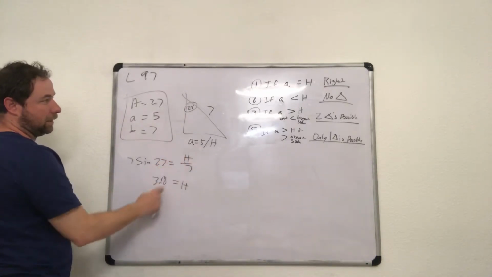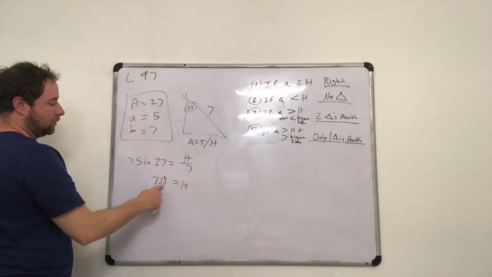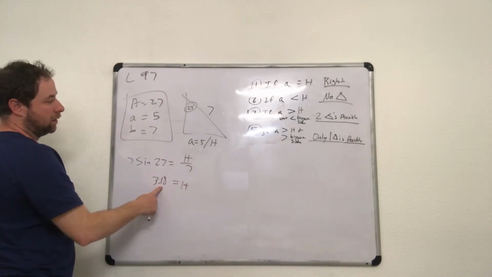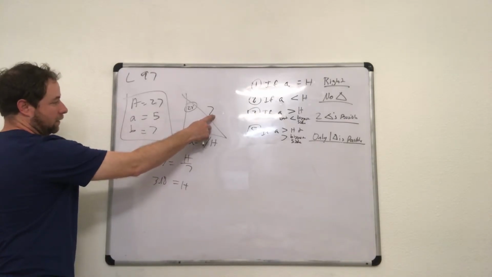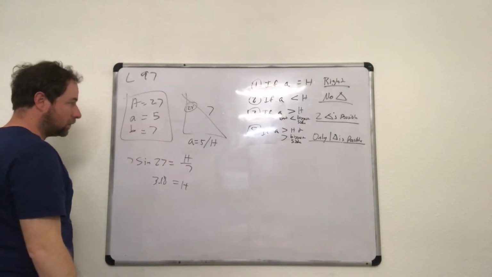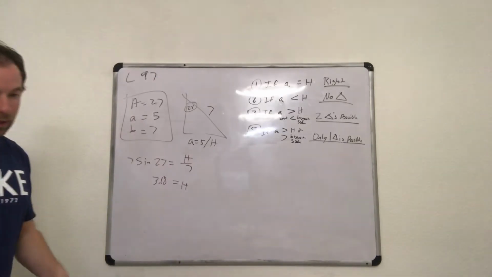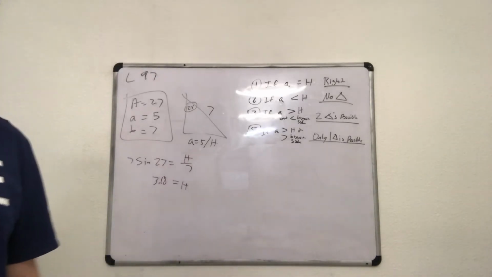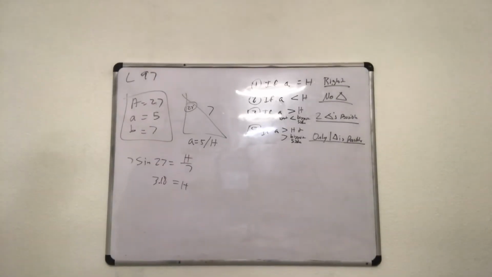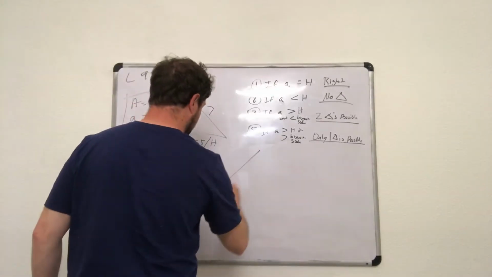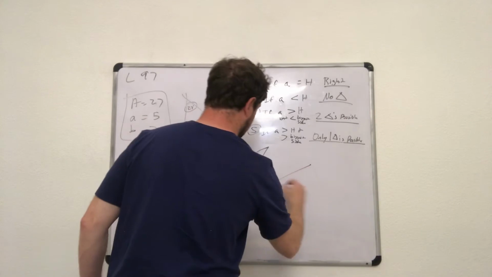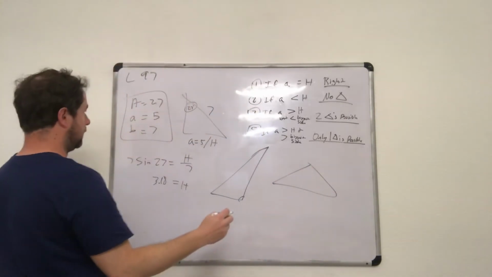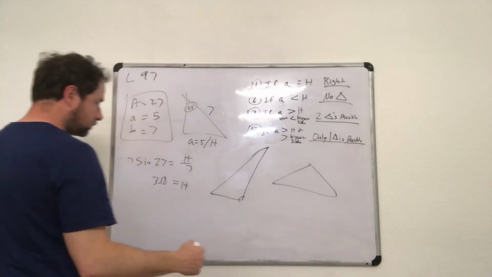A is not less than that. A is greater than that, but it is less than that. So it's two possibilities. We actually need to solve for both of these possibilities. So let's draw the two possibilities. We have the obtuse, and we have the acute.